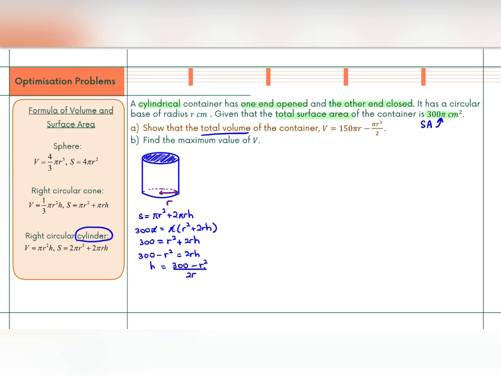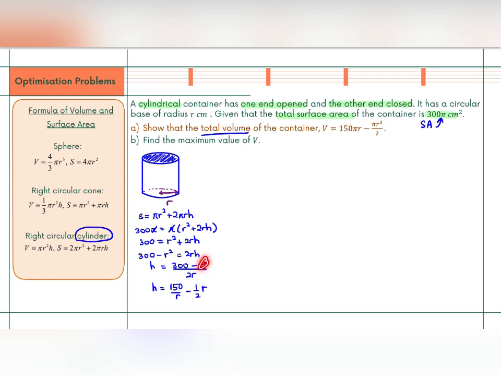Okay, so here I can actually simplify H as 300 divided by 2, which is 150 over R, minus 1 over 2R.